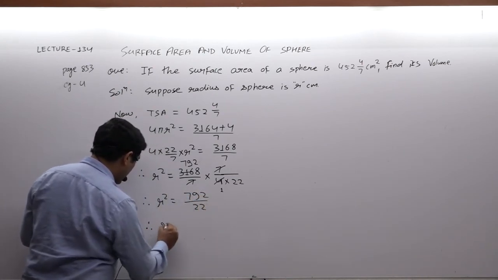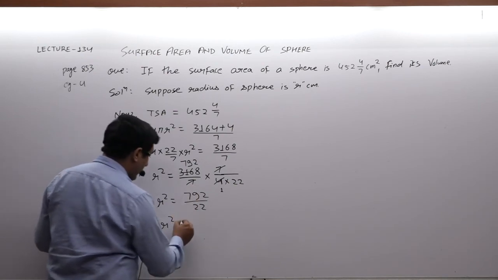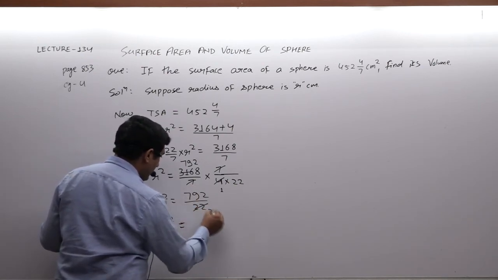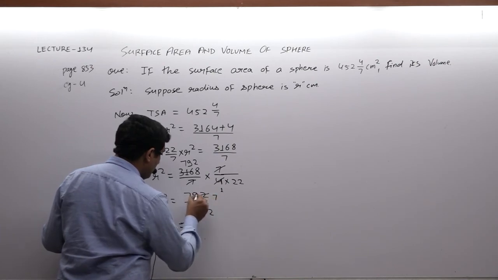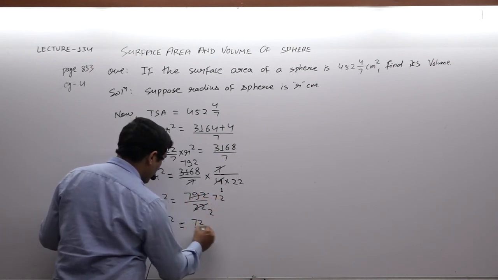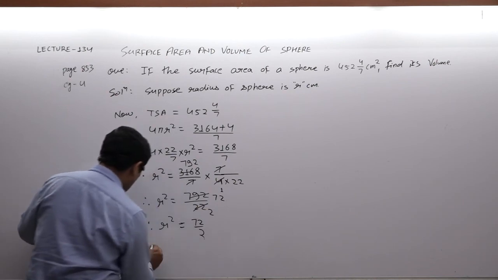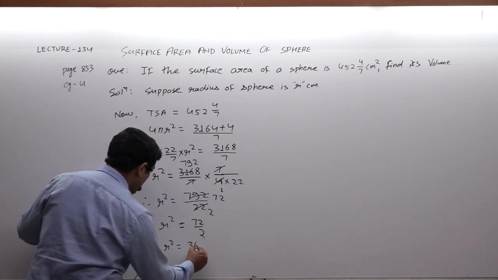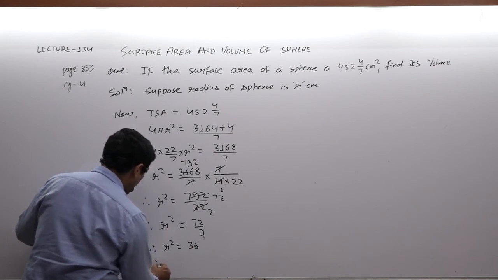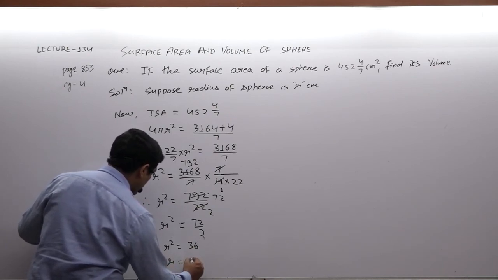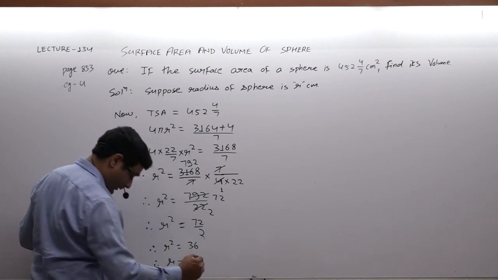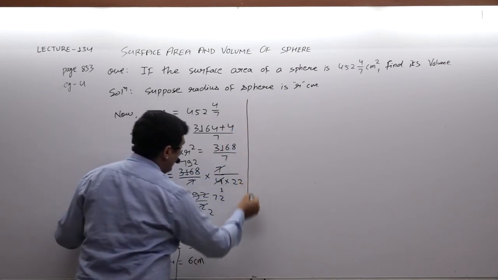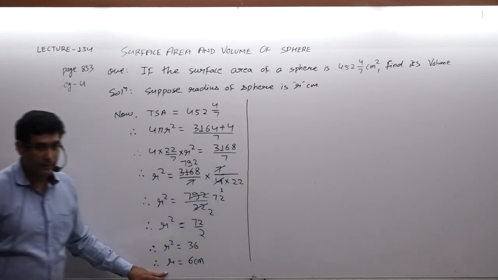So r square is equal to, now it is divisible by 11, 11 2s are 22, 72 by 2. So r square is 36. r is equal to 6 centimeter. Okay, so here I got the value of radius.